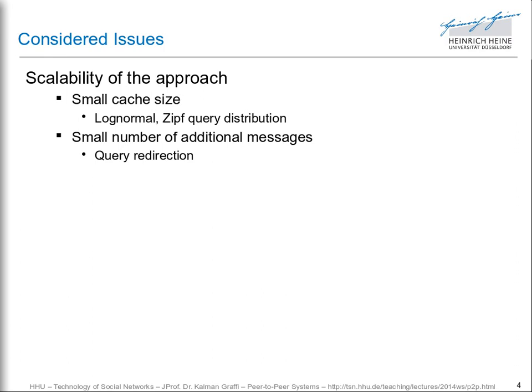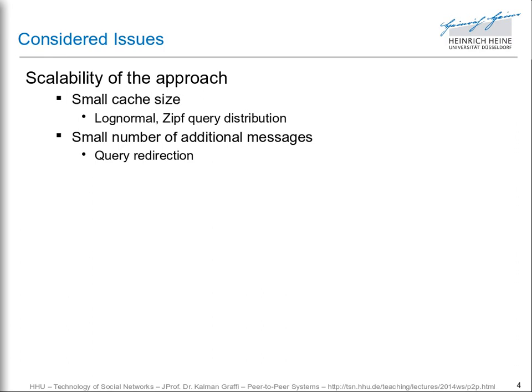Okay, the scalability of this approach. Which parameters can we vary? First of all, it's important to have a small cache size because we only want to cache the most popular files and not every file.